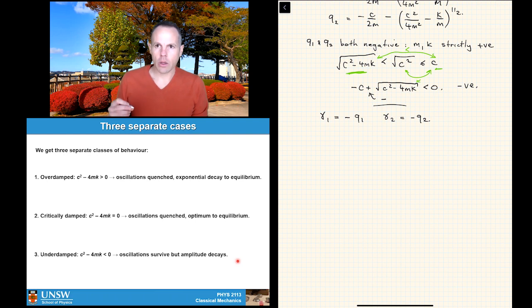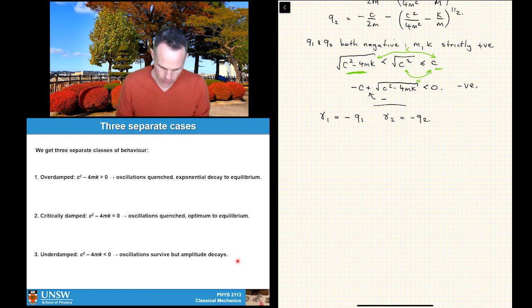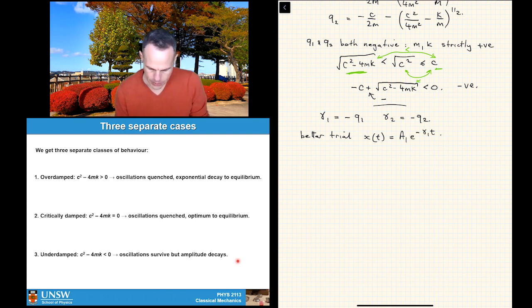So we know two things here, and we can pull it from our experience yesterday, right? One is that we know there's two solutions, so we have to have two terms in our trial solution, and we have to carry prefactors out the front, right? So our trial solution now is going to be x of t is A1 e to the minus gamma 1 t plus A2 e to the minus gamma 2 t.